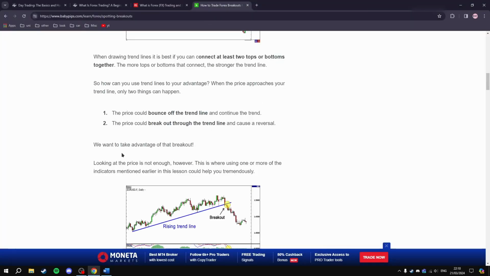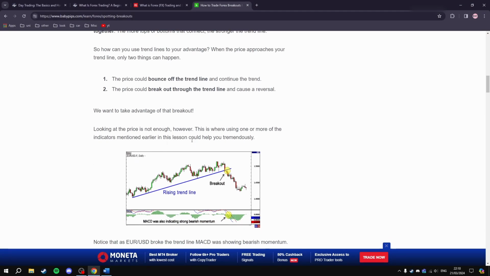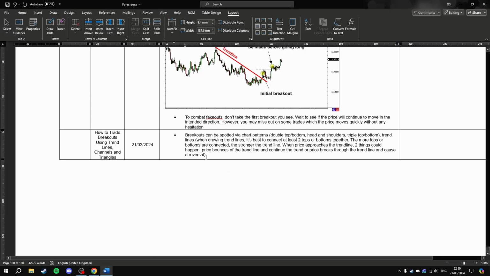We want to take advantage of that breakout. Use other indicators along with the trend line for extra confirmation.